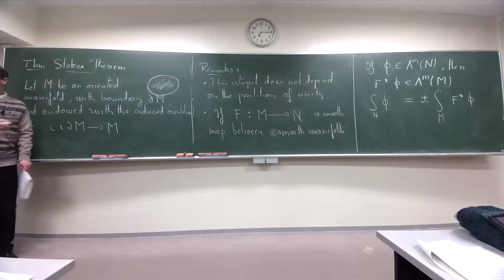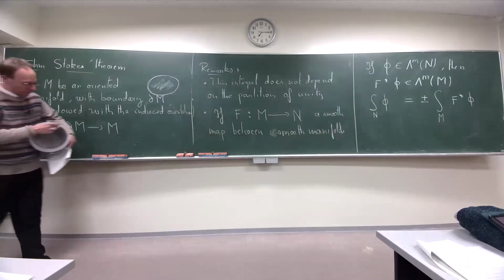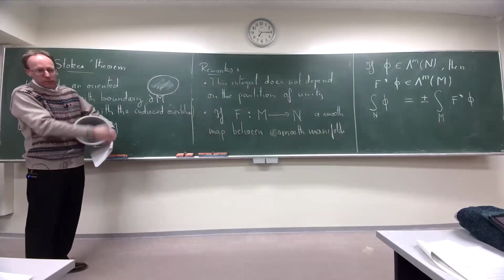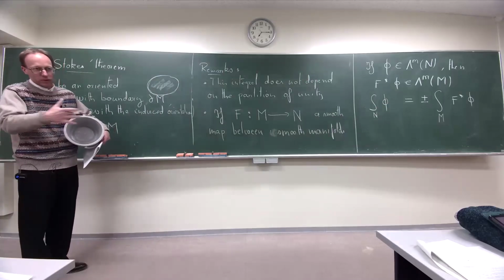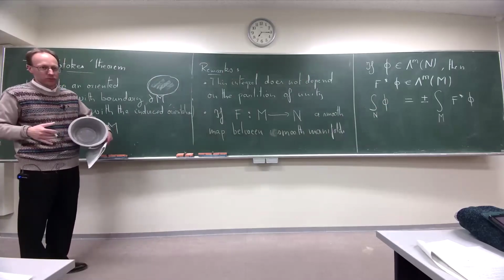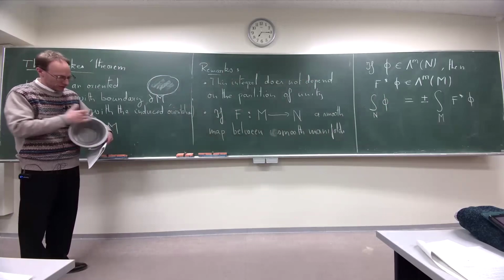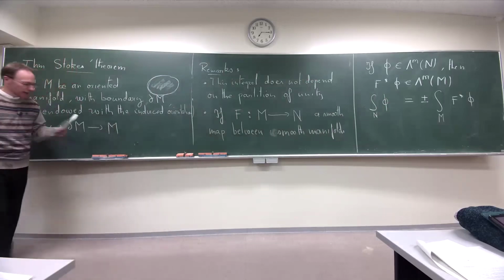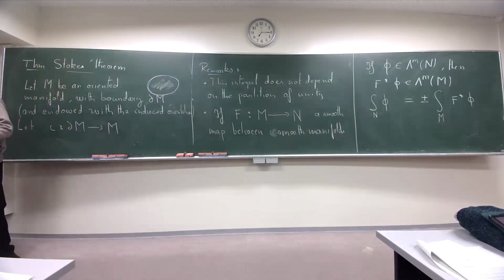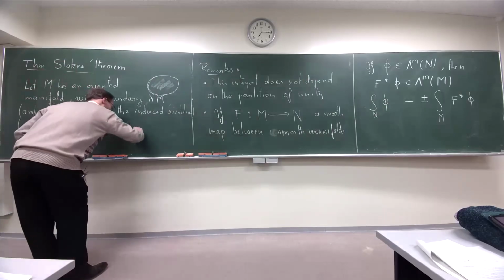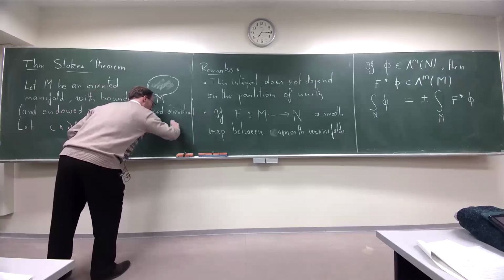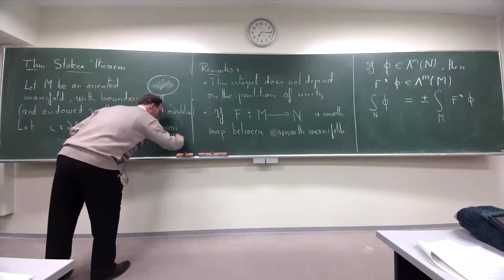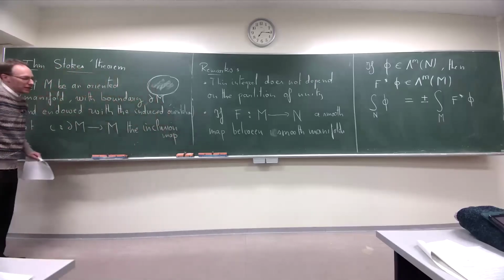Okay, so you can look at the map. We just fix the boundary as the boundary of this manifold, of the big manifold, because you can separate the boundary and consider it just as a manifold of dimension M minus 1. Iota is what we call the inclusion map. You just say, okay, the boundary is really the boundary of this manifold.